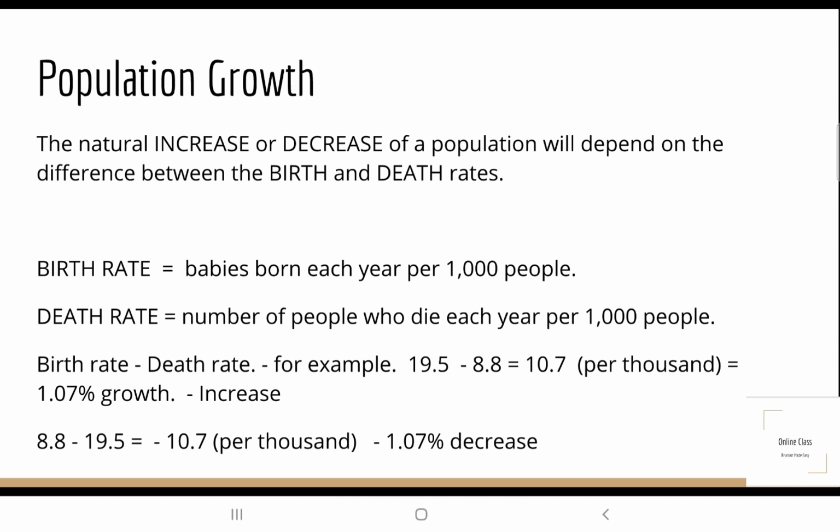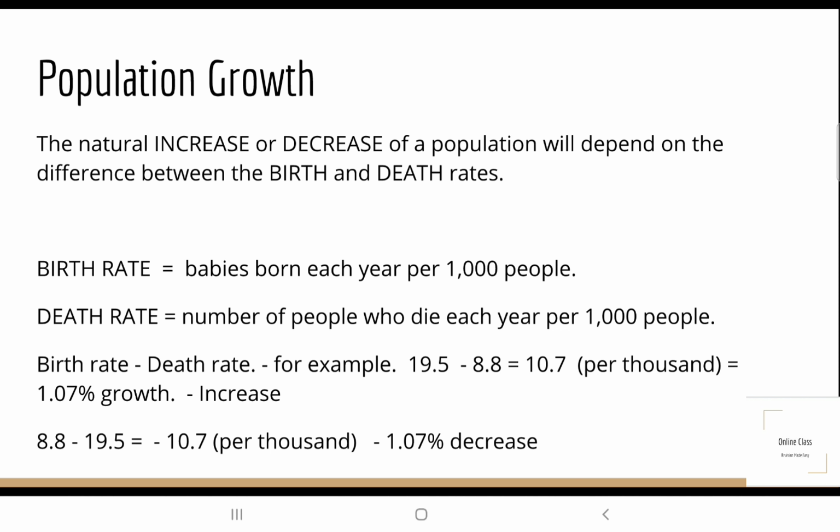Okay, so the population growth rate can change. The population growth rate is the natural increase or decrease of a population, which depends on the difference between the birth and the death rates. The birth rate is the number of babies born each year per 1,000 people.